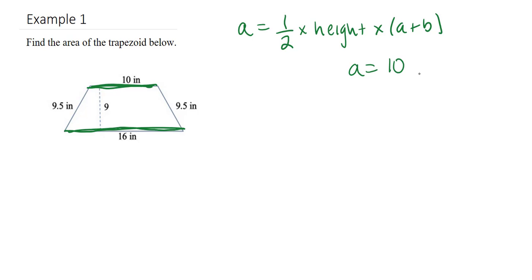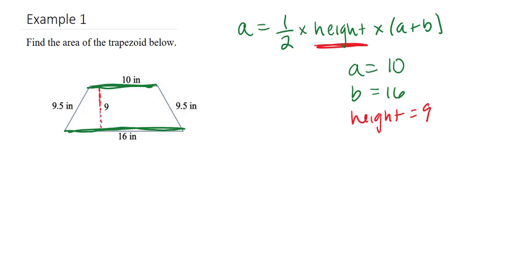So A could be 10, and then say B is 16. And then what's the height? Let's go ahead and find the height. Well, it's this line that connects them, this vertical line. So this would be considered to be 9. So the height is equal to 9.